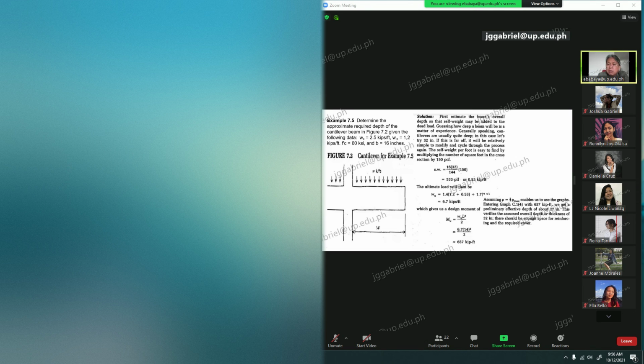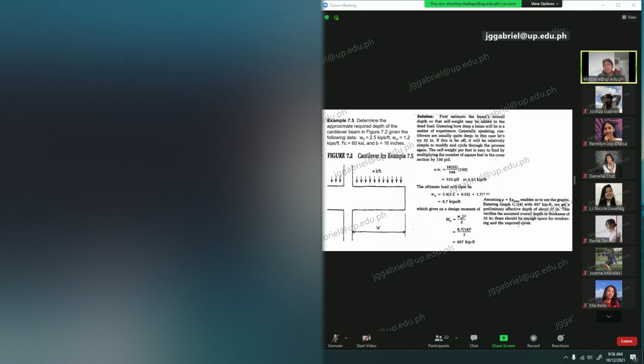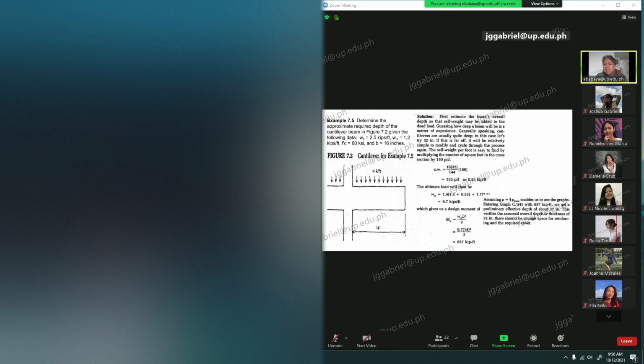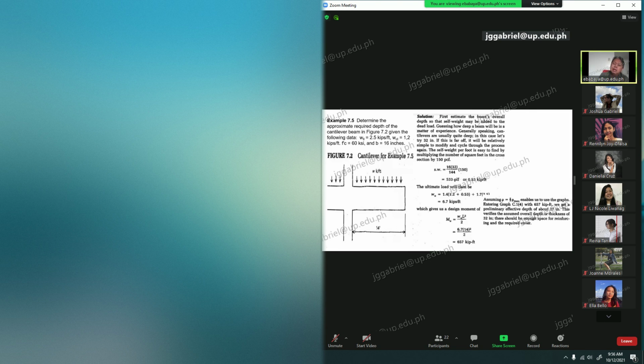So parang magka-quadruple yung moment mo. Because twice mo siyang i-multiply ng 2. It will double and then another double. Kasi multiplied by 2, magiging 4 yung sa baba. Multiply 2 again, magiging 2 yung sa baba. Para maging WL squared over 2. Okay? So that's how moment is magnified if you're dealing with a cantilevered beam.